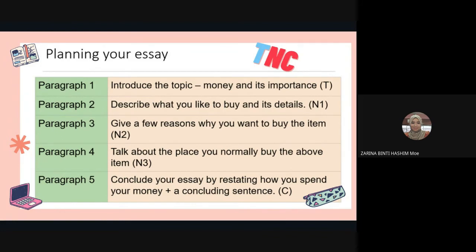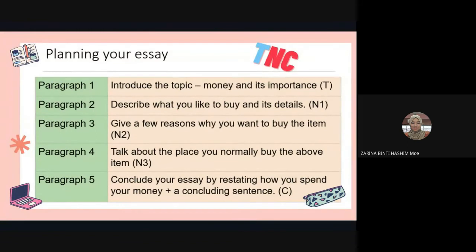So note 1 mean refer to question number 1 tadi. What you want to buy. And then paragraph 3, same thing juga. You give a few reasons. Kan tadi dia kata give reason why you want to buy the item. So give a few reasons here in paragraph 3. So I name it as N2, note number 2.